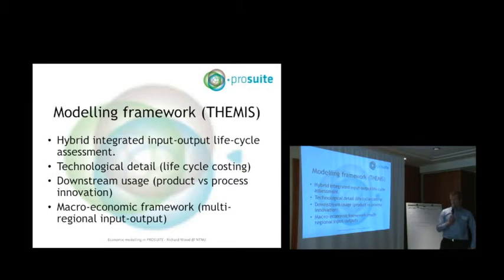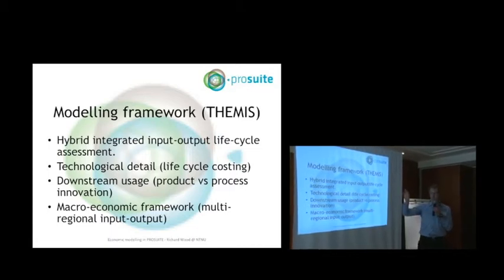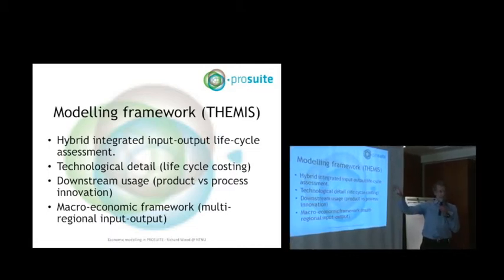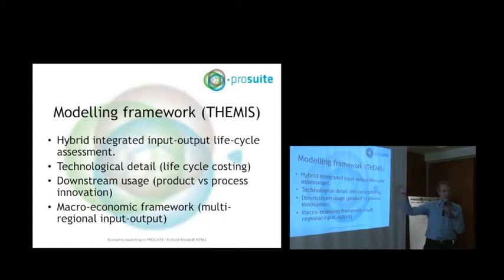The framework that we used: this project, another project, and a third project had some harmonization of data and methods, and that resulted in this THEMES modeling framework and database. That is a hybrid integrated input-output life cycle assessment model, so there are a few nice terms for you there.